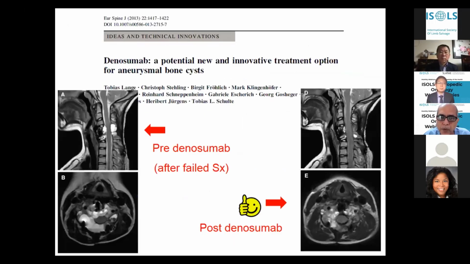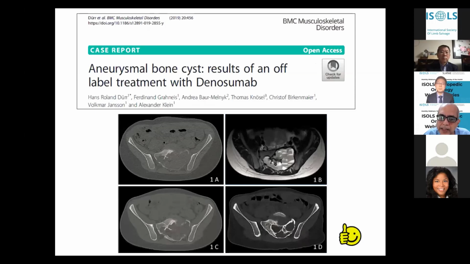A few case reports spoke about denosumab in aneurysmal bone cyst. This is the pre-denosumab picture after surgery had failed, and after denosumab you can see how the disease has shrunk and stabilized. A similar case in the sacral area, in an aneurysmal bone cyst, where denosumab was used effectively.